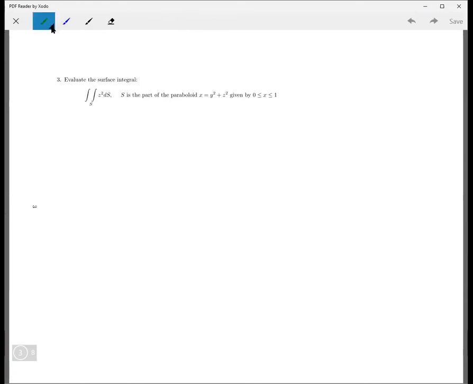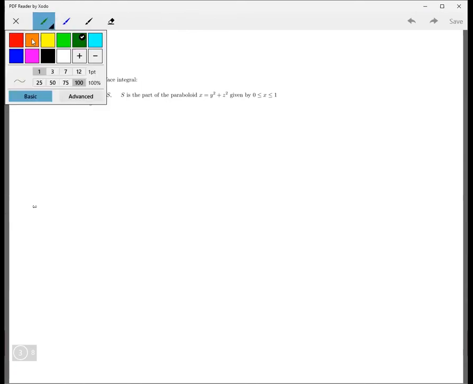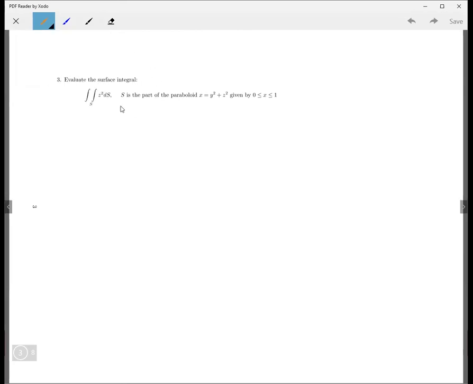And that is that these variables x, y, and z, you can shift them around, that's okay, and let them play different roles. So basically what I'm going to do is just swap x and z. Because here I have x equals something, so you have a paraboloid, x equals something, right?